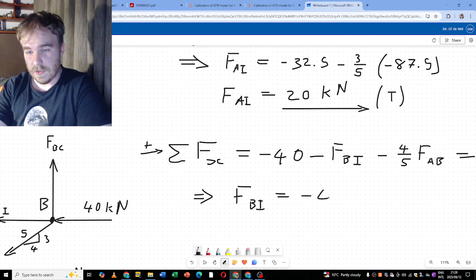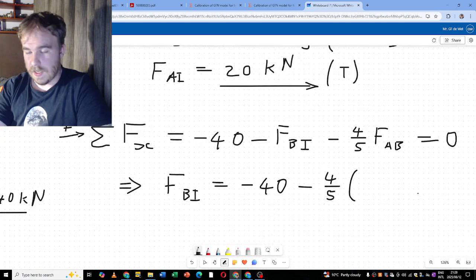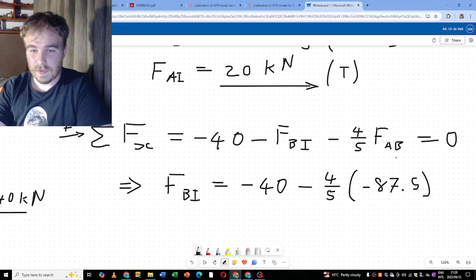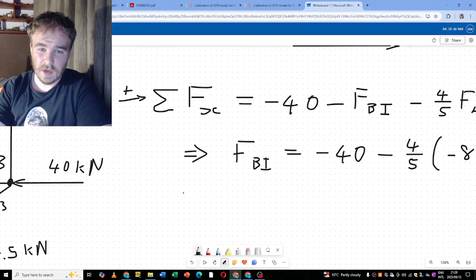So this is going to stay minus 40 and minus 4 over 5, and now we're going to sub in the value for that, and it's negative 87.5. Great.